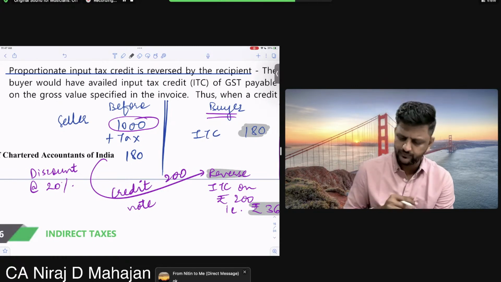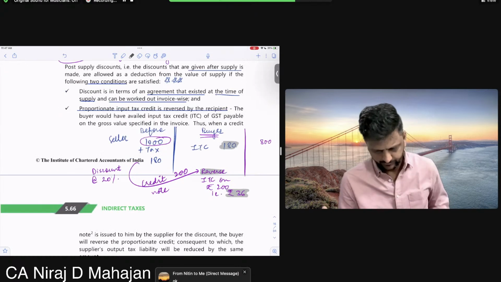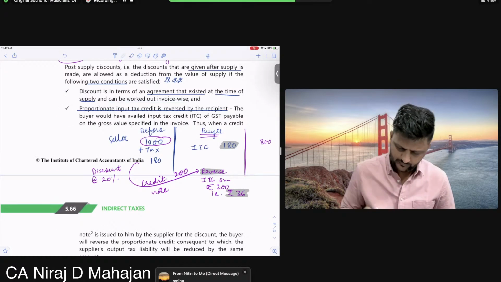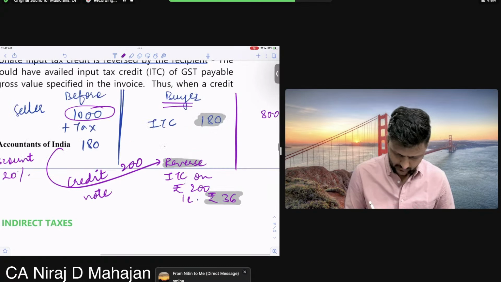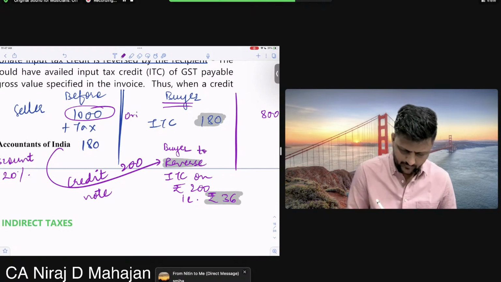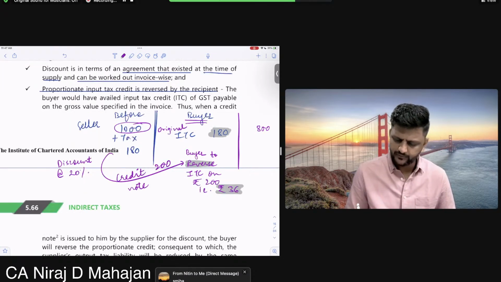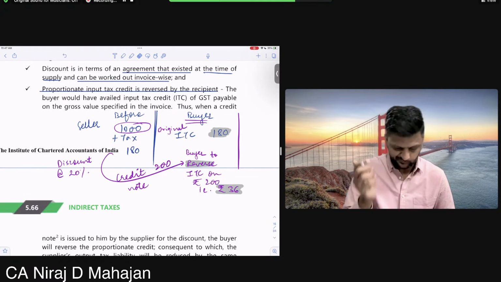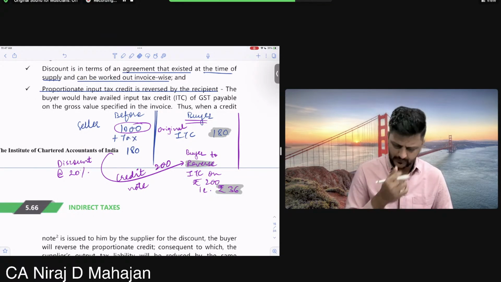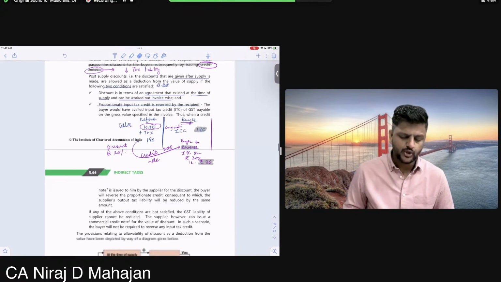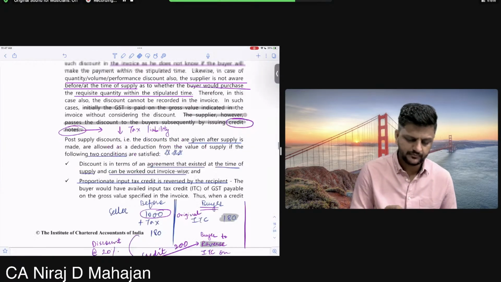Clear till here? Done till here? We'll see an example on this. Is it okay? So proportional ITC is reversed by the recipient.